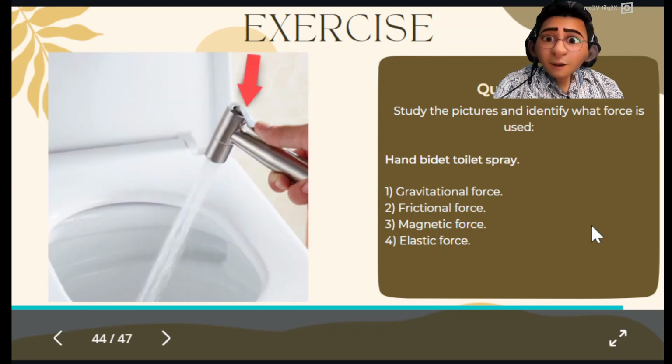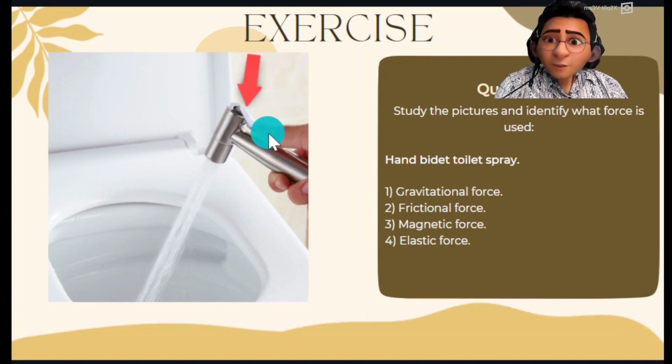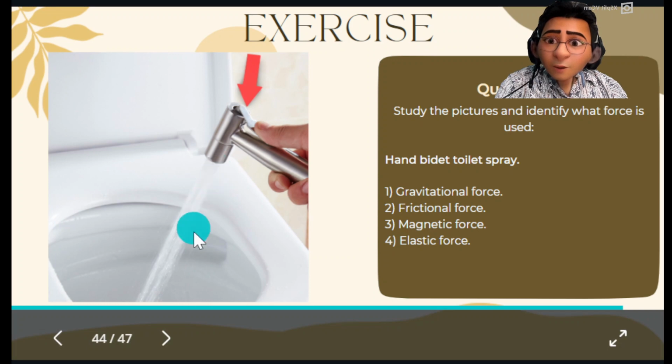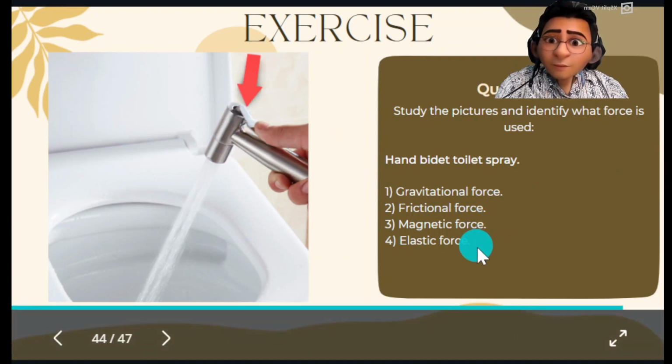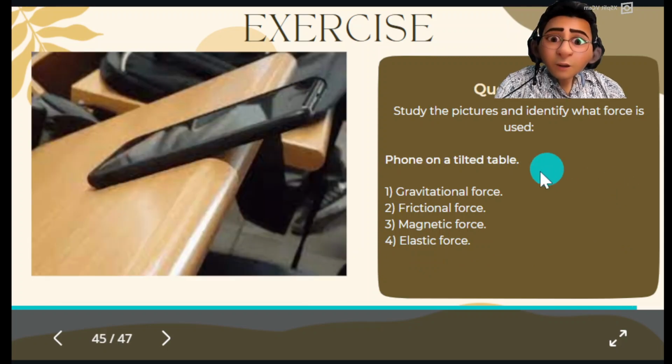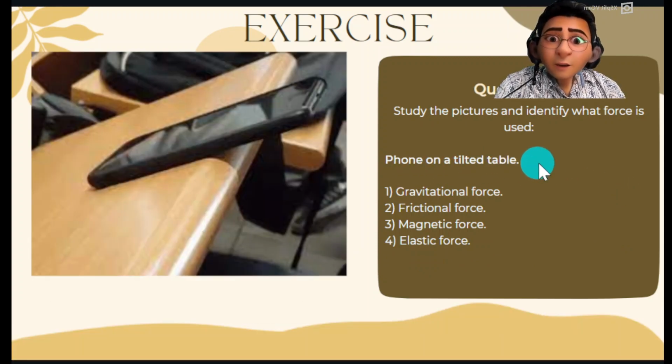Question 9. Hand beaded toilet spray. This one I pointed with arrow. When you press this, the water will go out. So what force is used here? Gravitational, frictional, magnetic, or elastic? And question number 10. Phone on a tilted table.